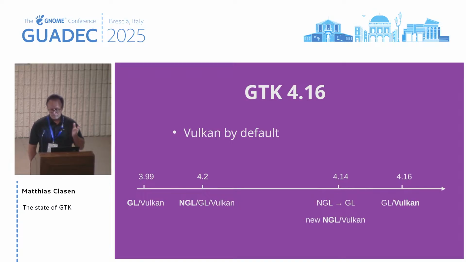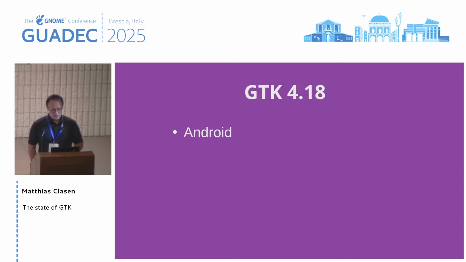And in 4.16, we then switched the default from using GL to using Vulkan. And hopefully things will settle down a little bit, and we will have a little less churn, although I will talk about more new renderers in a later section of my talk. So we'll see.